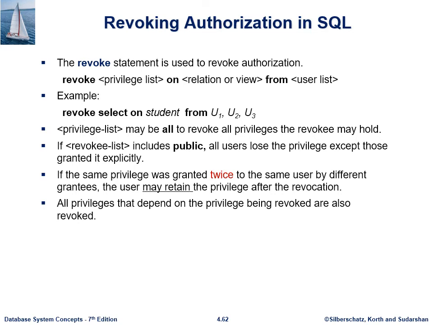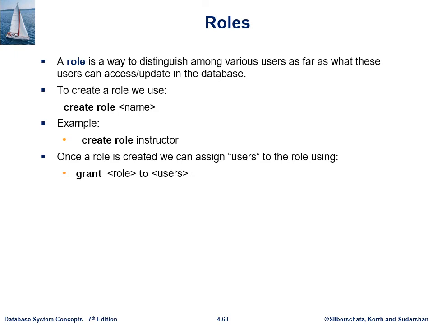Okay. Let's look at roles. In the previous, we talked about the user list. A user list can be a user ID or list of user IDs, can be public, and can also be roles. This is something like how to partition users.